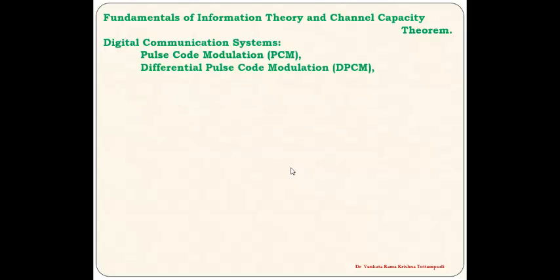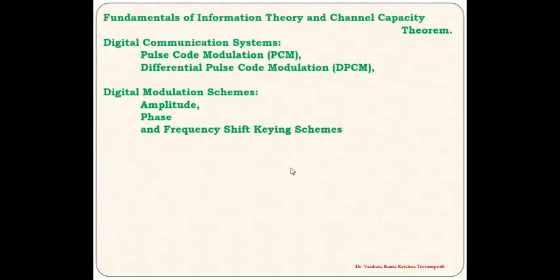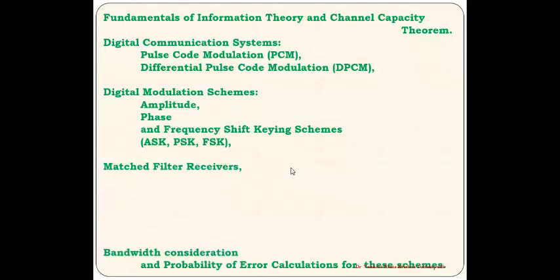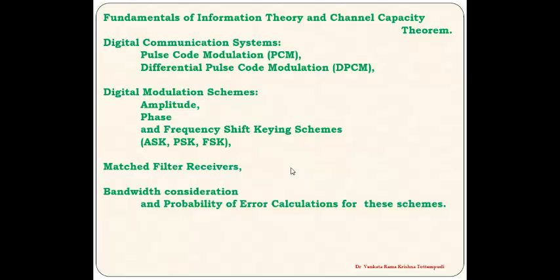Digital communication systems. Pulse code modulation, differential pulse code modulation, digital modulation schemes, amplitude, phase, and frequency shift keying schemes, matched filter receivers, bandwidth consideration, and probability of error calculations for these schemes.